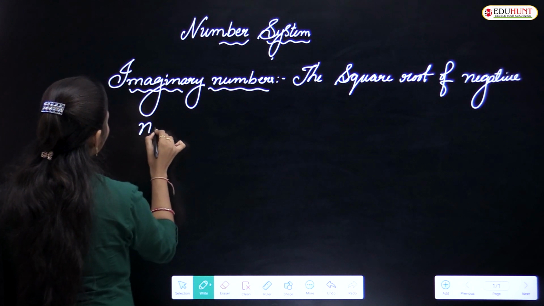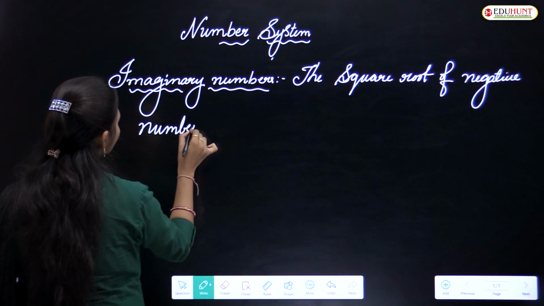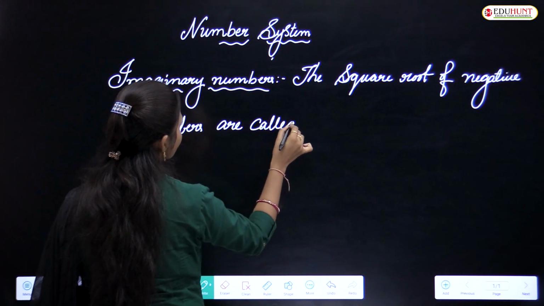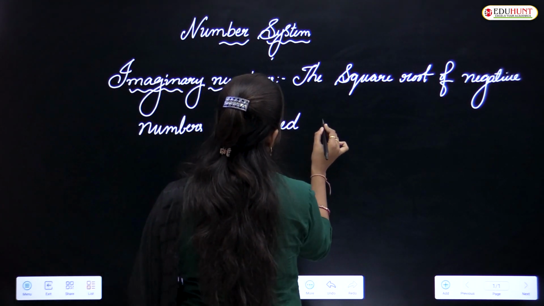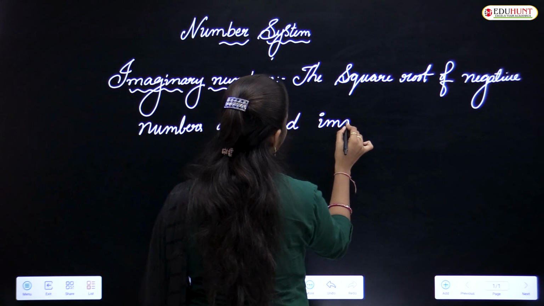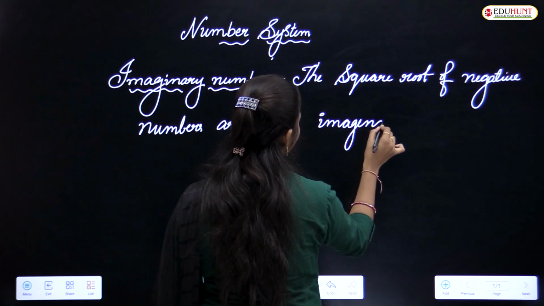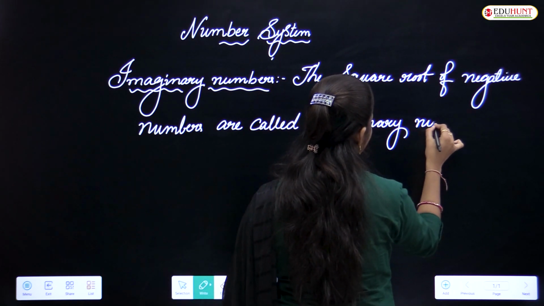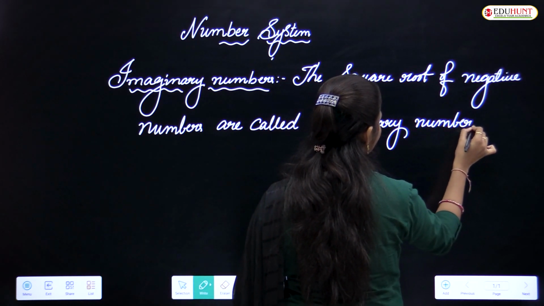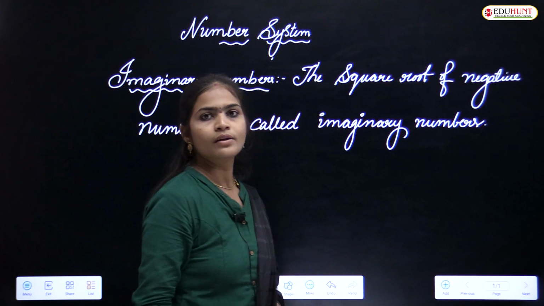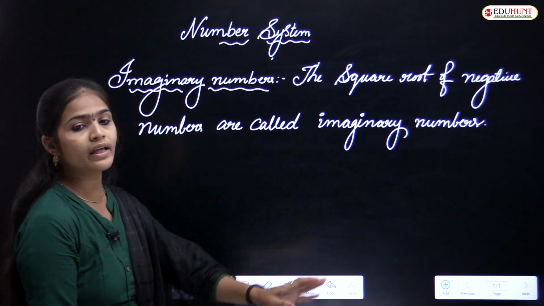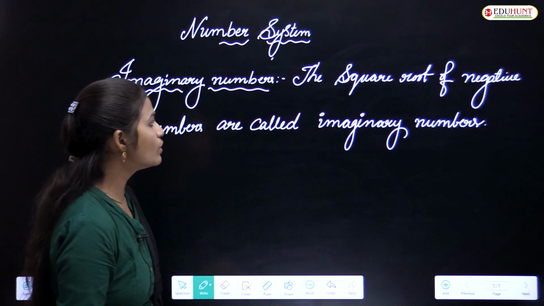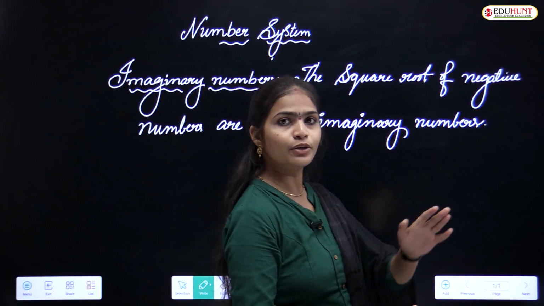The square root of negative numbers are called imaginary numbers. Okay, let's see here, what is that? The square root of negative numbers are called imaginary numbers.